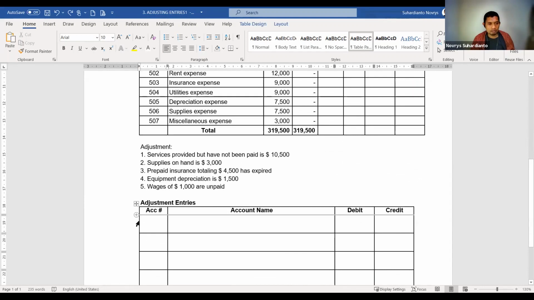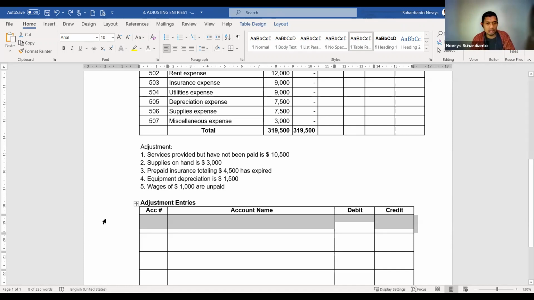Anyone can answer? We already provided the service, which means we can record revenue, but because the customer has not paid yet, then we record accounts receivable.